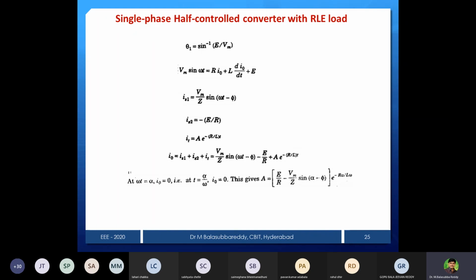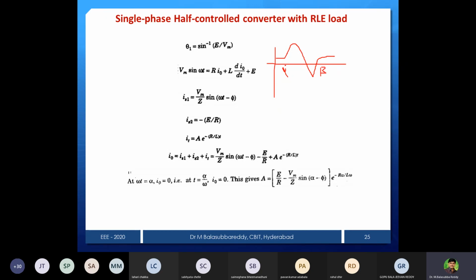Therefore 0 is equal to the expression, because our waveform is like this. We start at alpha, and then it goes on to beta, or pi plus alpha.